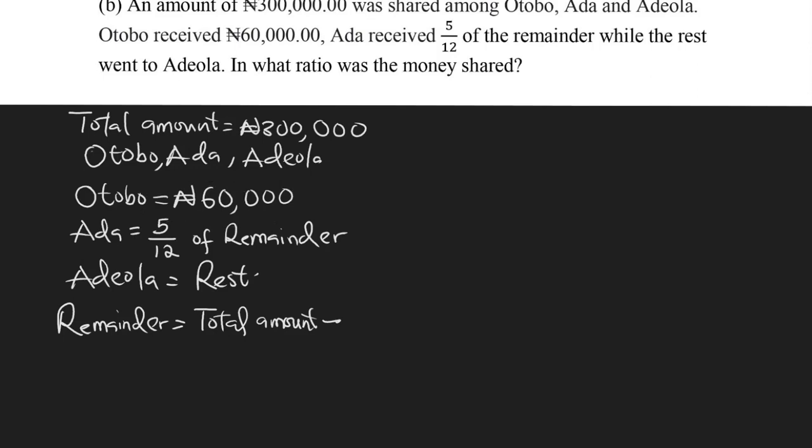So by the time we subtract Otobo's share, we're going to get the remainder. So what is the total amount? The total amount is 300,000, right? So we have minus Otobo's share, which is 60,000.